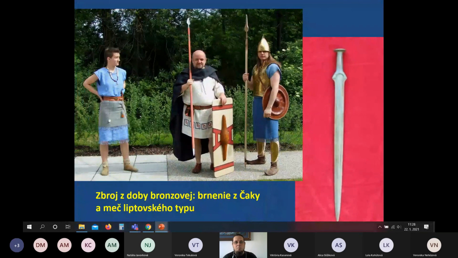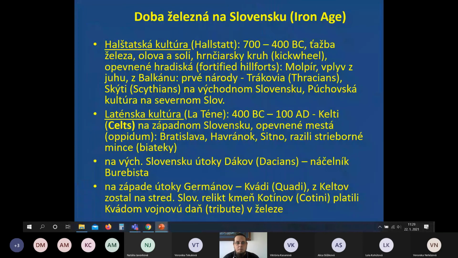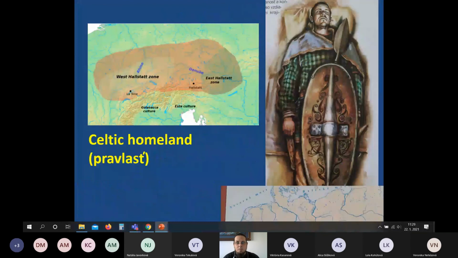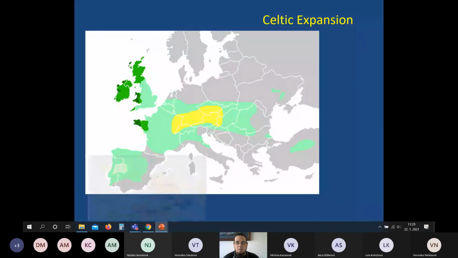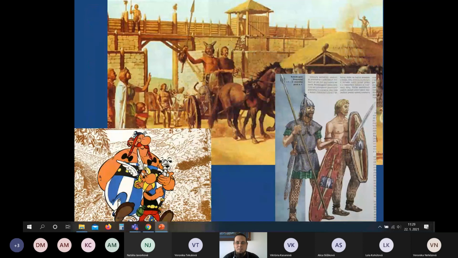And this is a very big move from early farmers to guys having swords. The most common Bronze Age sword was made in Liptov, and even in world archaeology they are called swords of Liptov type. But that would include jewelry and also the Iron Age, because we talk about Celts and Scythians and nations that are already named by Greeks and Romans, and Dacians and everything.